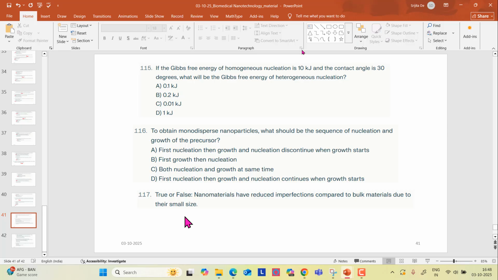If the Gibbs-free energy of homogeneous nucleation is 10 kilojoule and the contact angle is 30 degrees, what will be the Gibbs-free energy of heterogeneous nucleation?